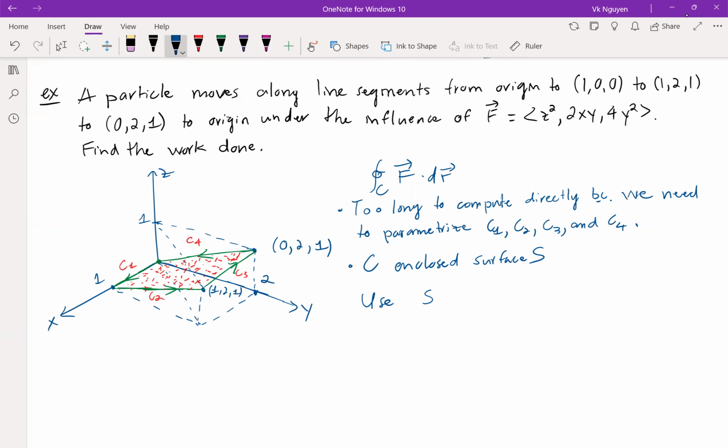That's the case where you have to use Stokes' theorem here. The circulation, integral of F dot dr, equals the surface integral of curl F dot dS, that is the flux of curl F, and then you just have to parameterize the surface S, which is very doable.